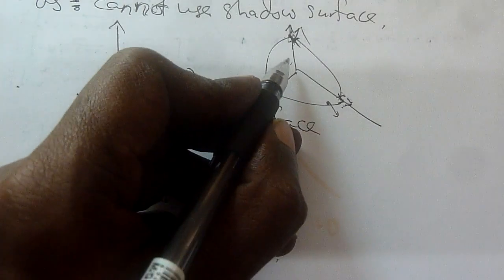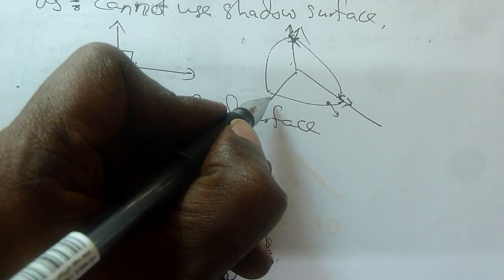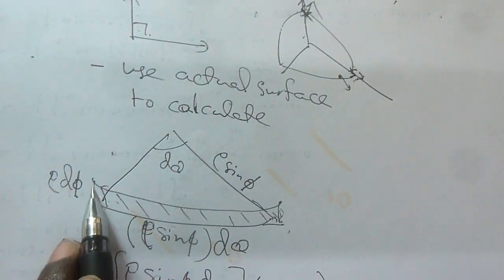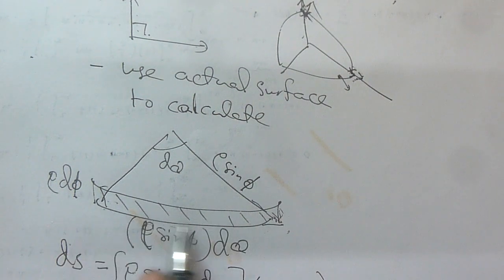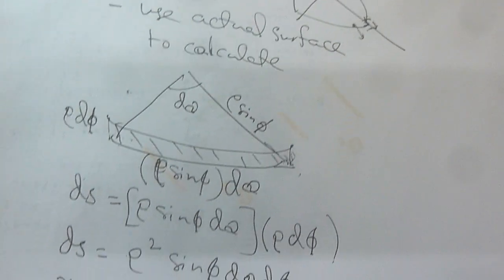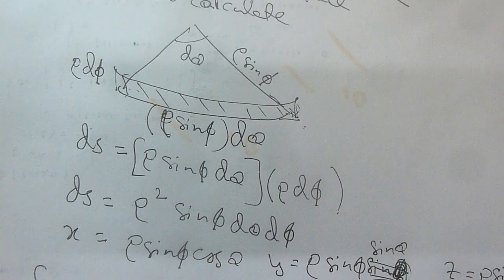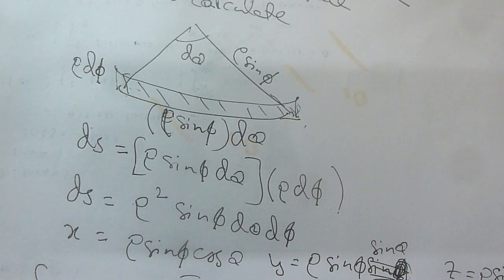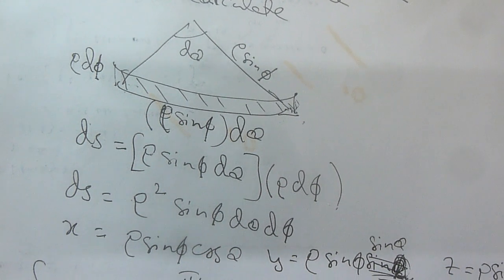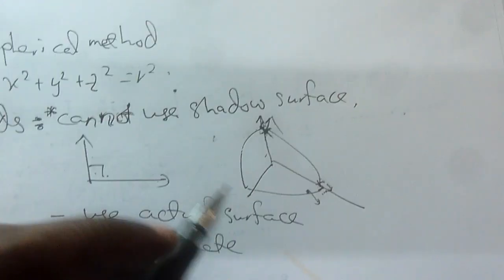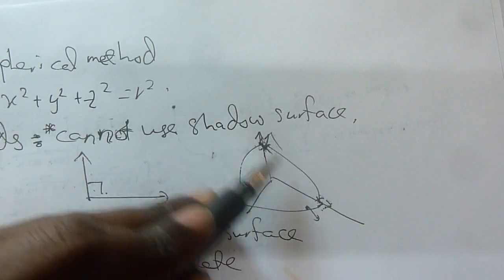What is dφ dθ here? dθ is very simple, 90 degrees, right? So 0 to π/2, no problem. What about dφ? Also 90 degrees, it goes up only 90.